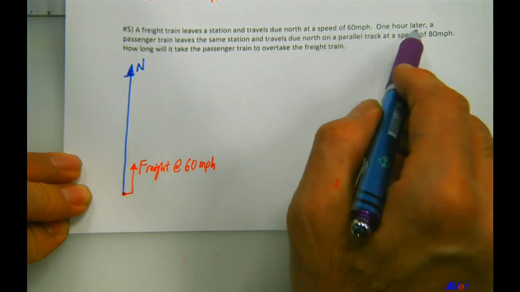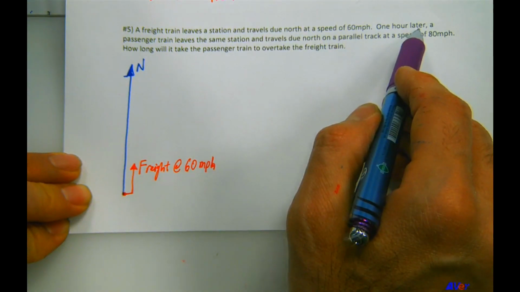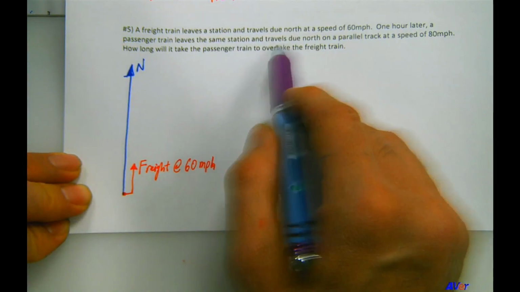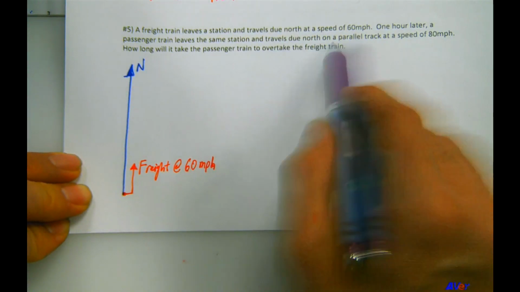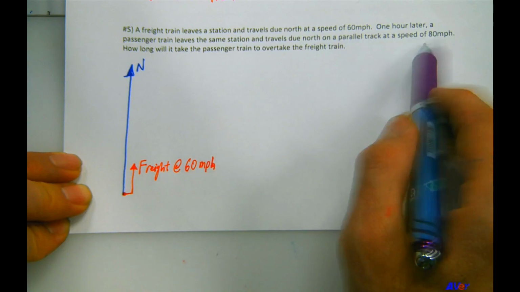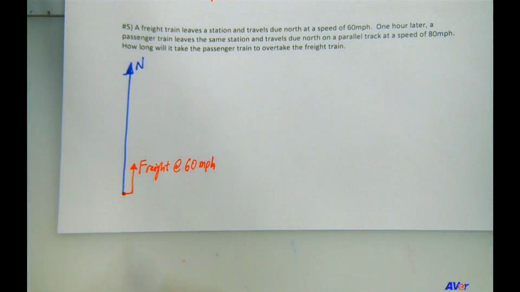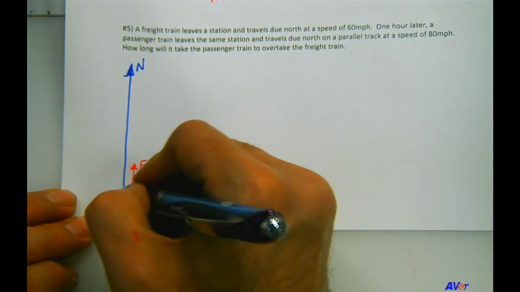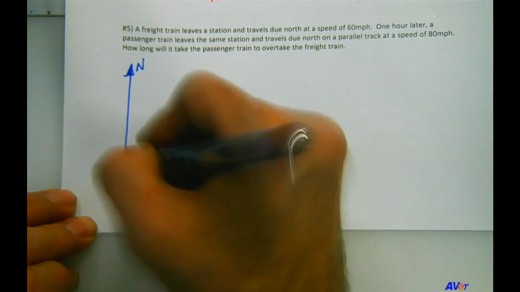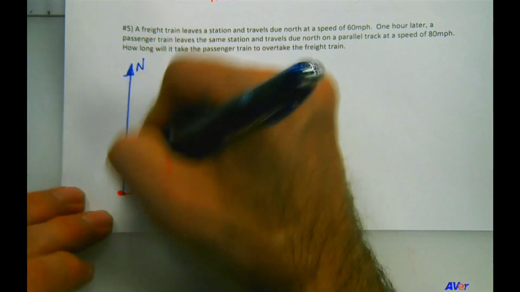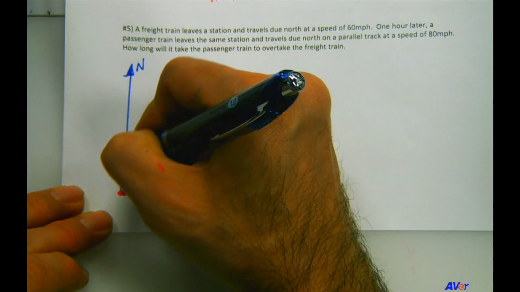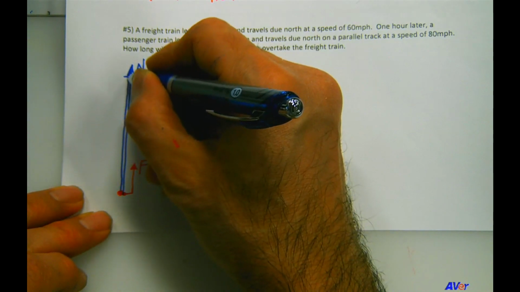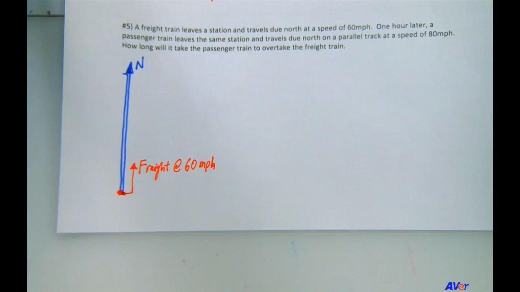Then 1 hour later, a passenger train leaves the same station and travels due north on a parallel track at a speed of 80 miles per hour. Okay, so we have 1 hour later, and this time there's a parallel track going north, like that, right?